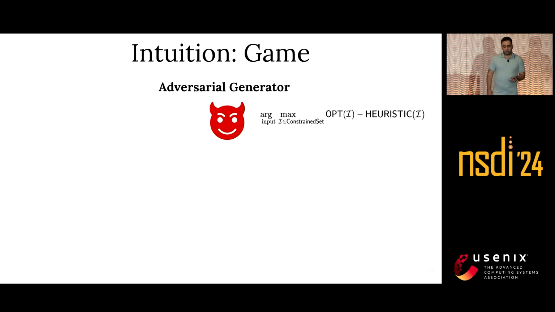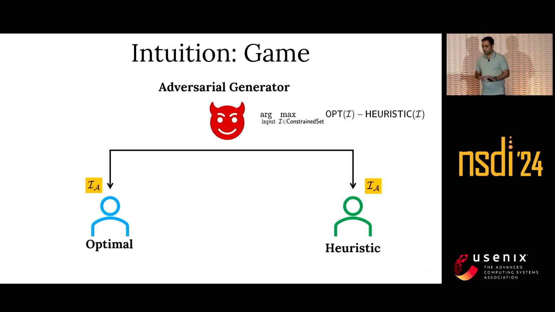We observed that we can model MetaOpt as a game between multiple agents. We have an adversarial generator that has full control over the input and wants to find the inputs that cause a large gap between optimal and heuristic. Meanwhile, we have 2 agents, optimal and heuristic, that don't have any control over the inputs.